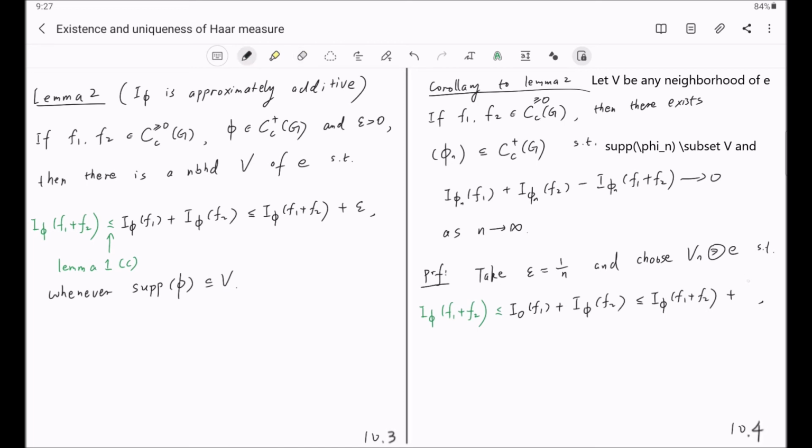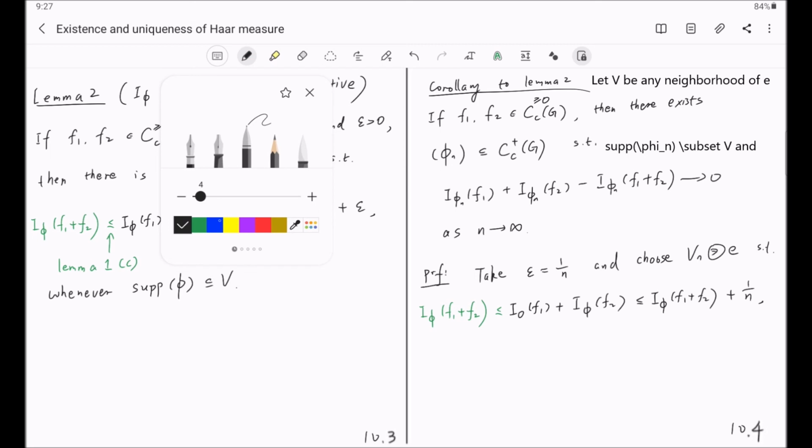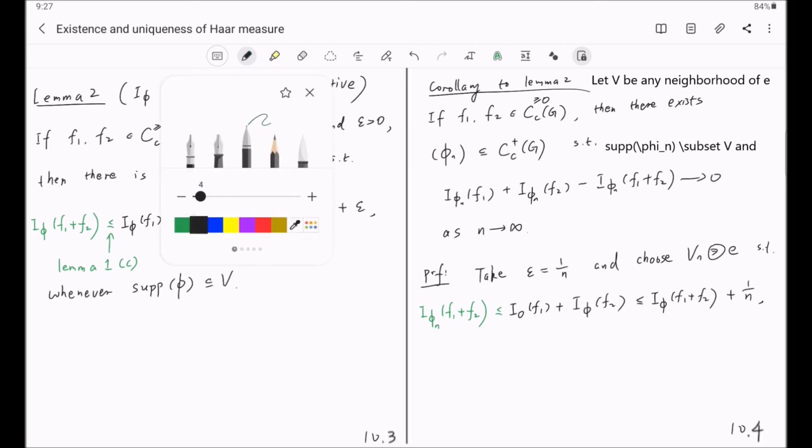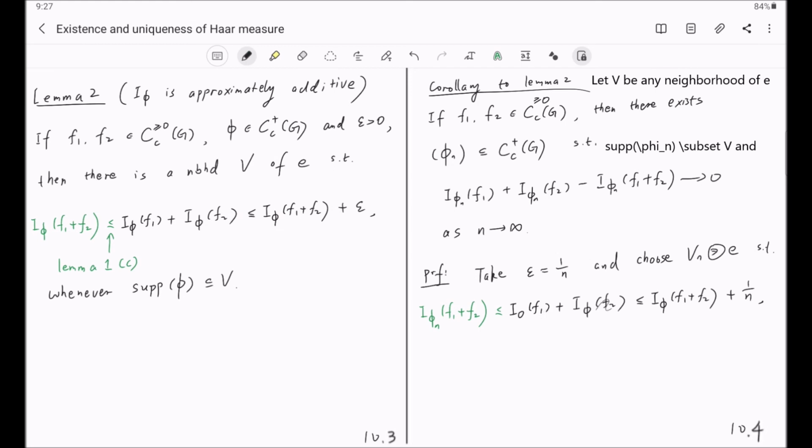So here will be 1 over n, and we are going to replace phis by phi sub n's, where the support of phi sub n is contained in v sub n for any n.